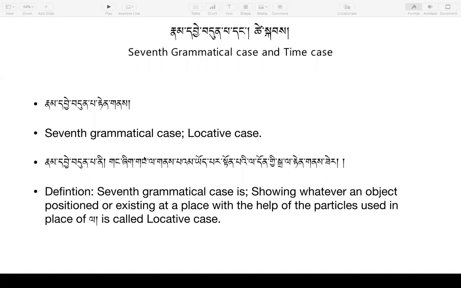The second, kang la, tells us a position, whichever or whatever position.